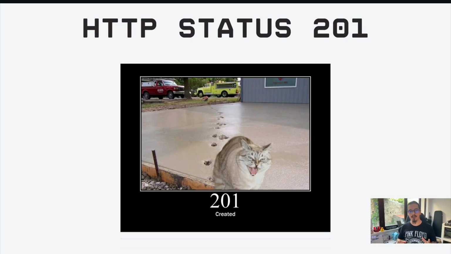Those two are answers saying it was a success, but they have different meanings and different context, and context is something you should give your users in your API, because it makes your API easier to understand and easier to handle. So when you are creating a new resource, whether posts, products, new users, anything, you usually return the created 201 status code instead of the OK one.